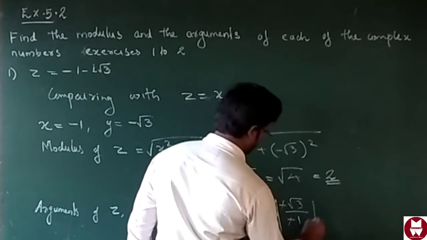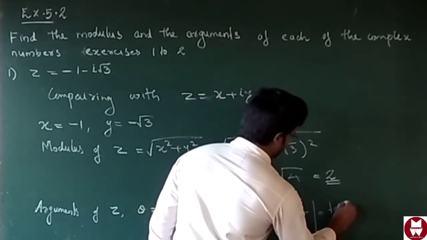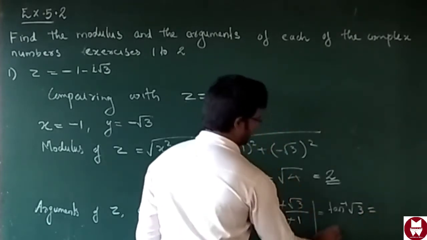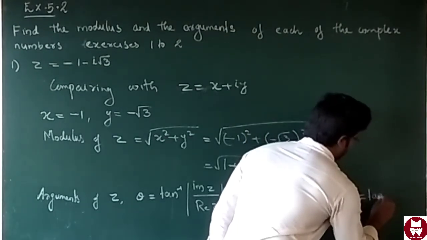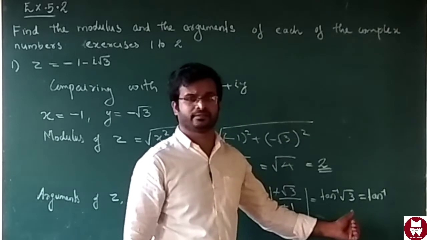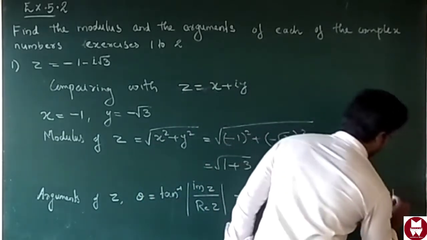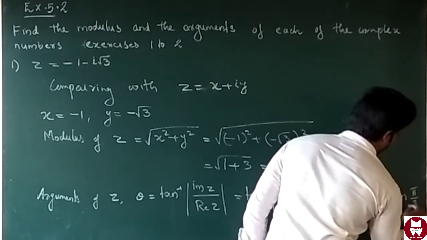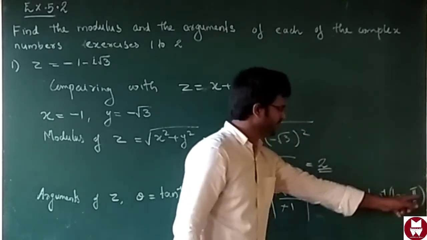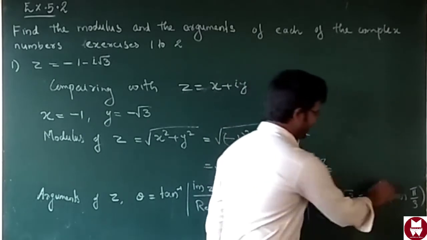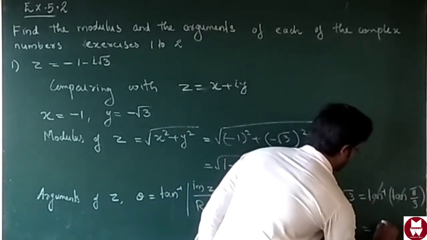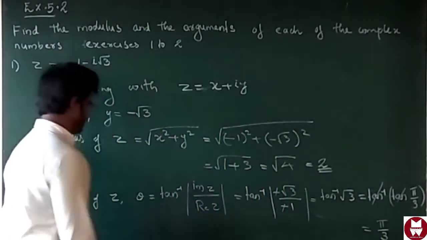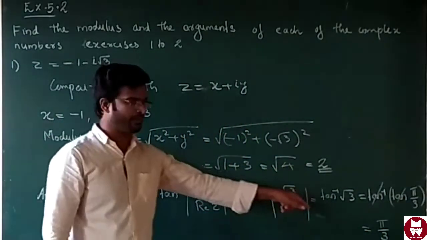Minus cancels, you will get tan inverse root 3, equal to tan inverse root 3. Root 3 means we can write tan 60. 60 means pi by 3. Tan pi by 3 is root 3. Then tan inverse and tan cancel, then the remaining is pi by 3. Now we got the argument theta equal to pi by 3.